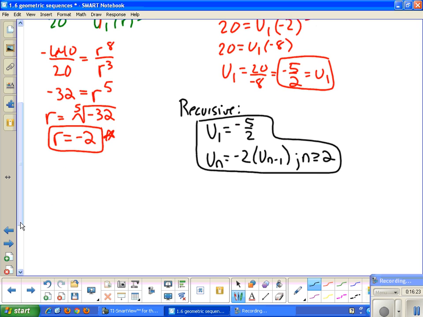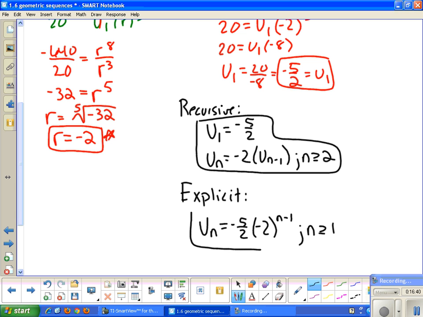And my explicit form would be the formula for the nth term is equal to my first term, which is -5/2, times my common ratio to the n minus 1 power for values of n greater than or equal to 1.